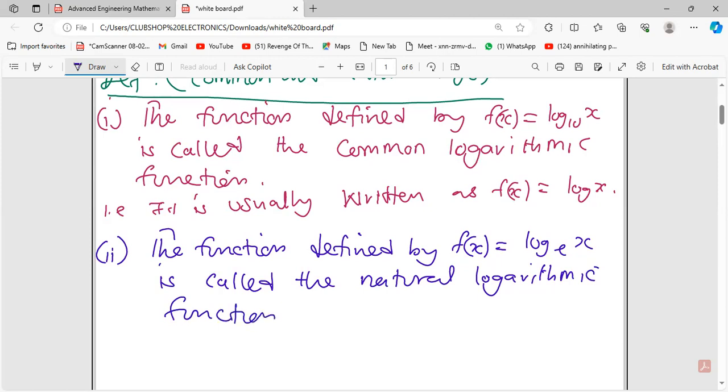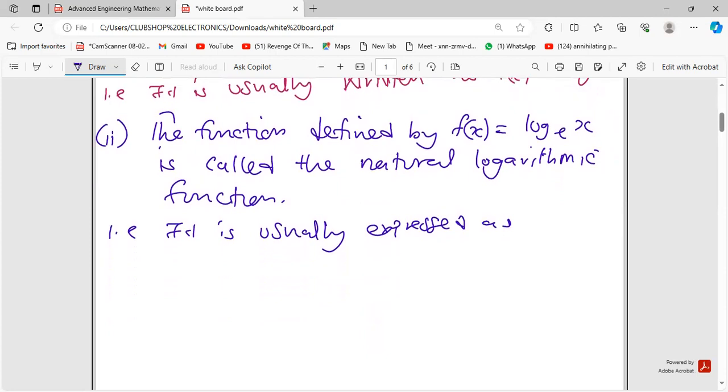Okay? That is, it is usually expressed as f of x is equal to the natural log of x. So that is what we mean when we talk about the natural log and the logarithmic function.